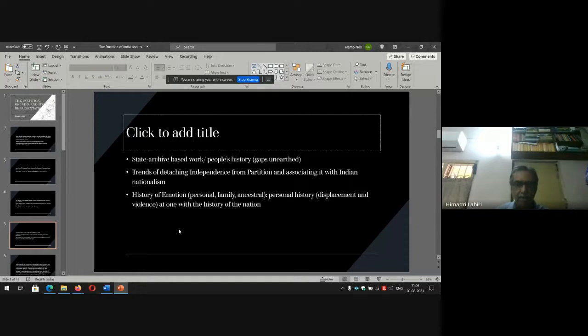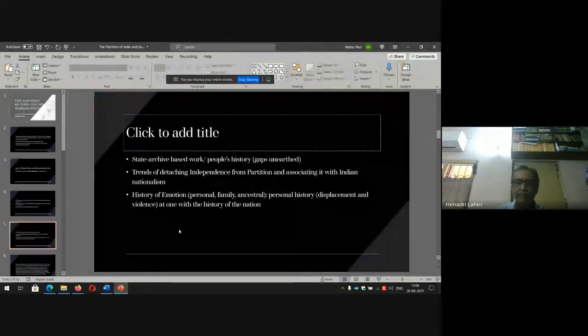Okay. So the book is written by Anchal Malhotra. Anchal, please write down the name, writer, and the title of the book. This is a book written by Anchal Malhotra.